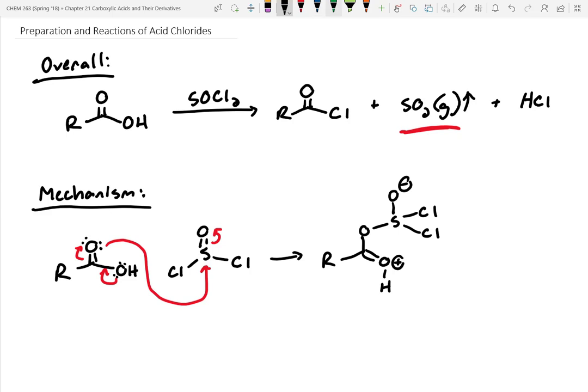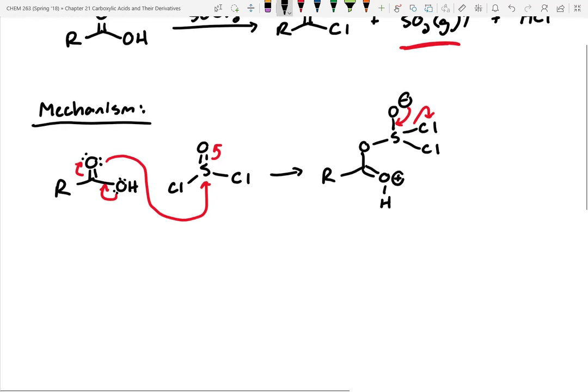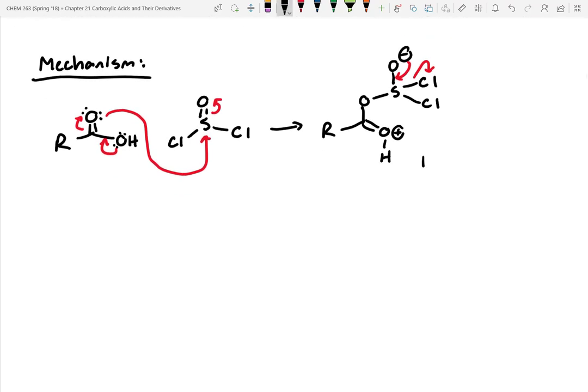The next step, we're going to kick off one of our chlorines, like that. And we still have this chloride that got kicked off in that first step up there.